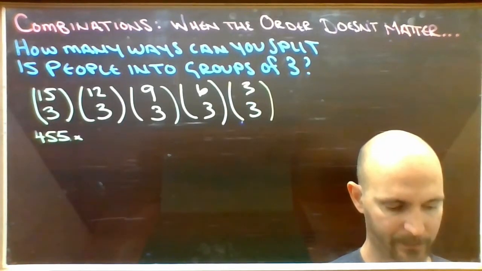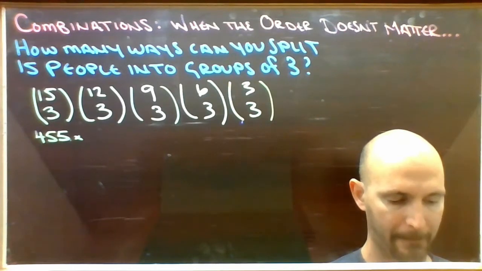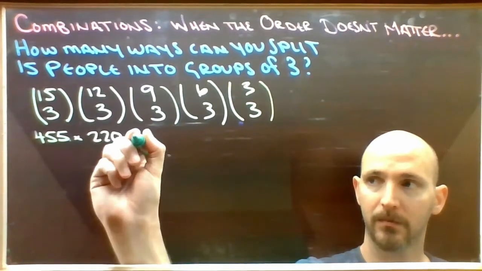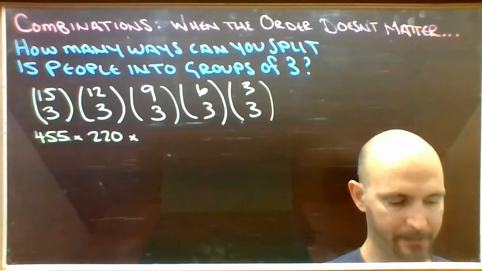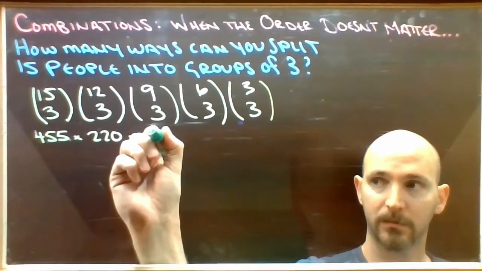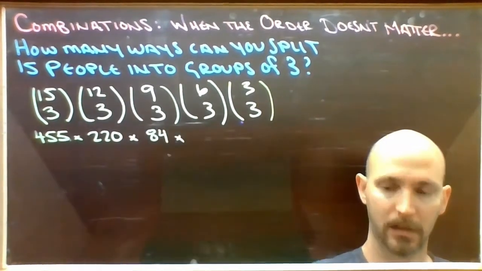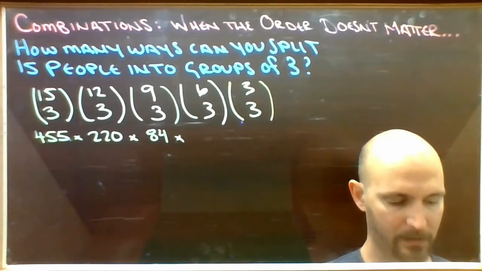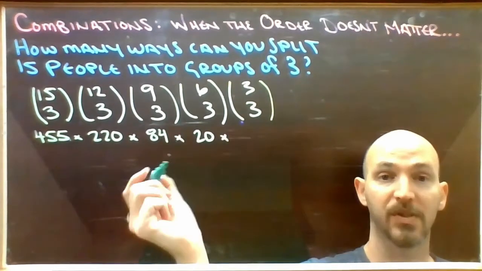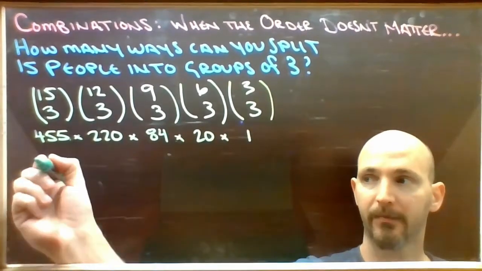12 choose 3 is 220. 9 choose 3 is 84. And 6 choose 3 is 20. And of course, 3 choose 3 is 1.